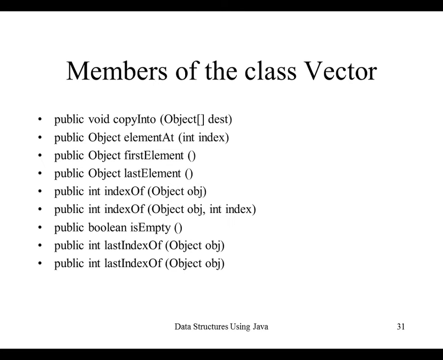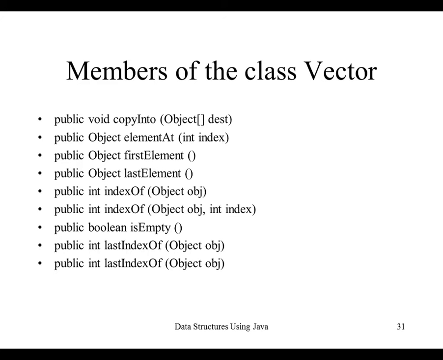Next, public void copyInto with parameter Object[] dest. This copies the elements of this vector into the array dest. Next, public Object elementAt with parameter int index. This returns the element of the vector at the location specified by index.